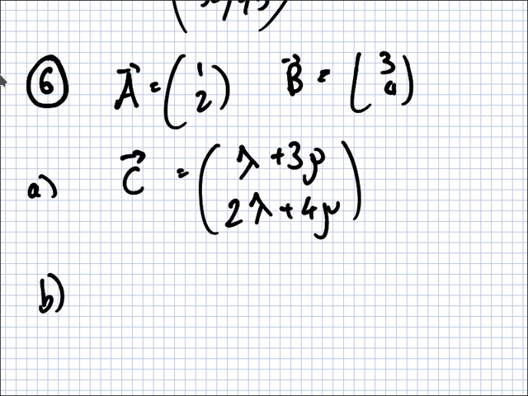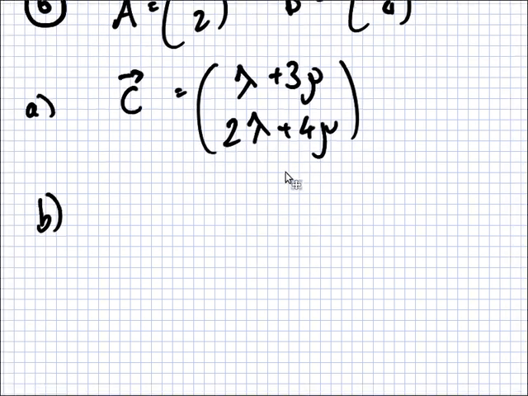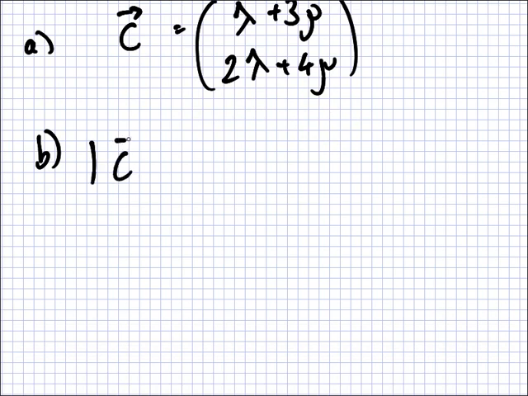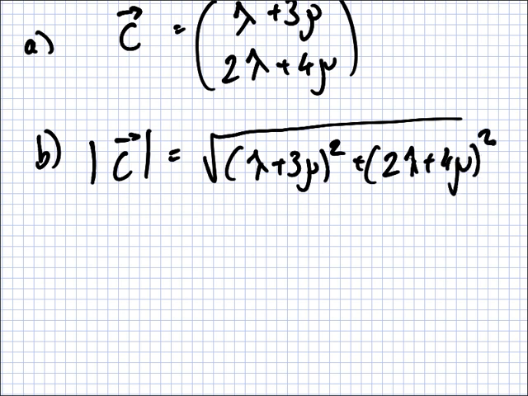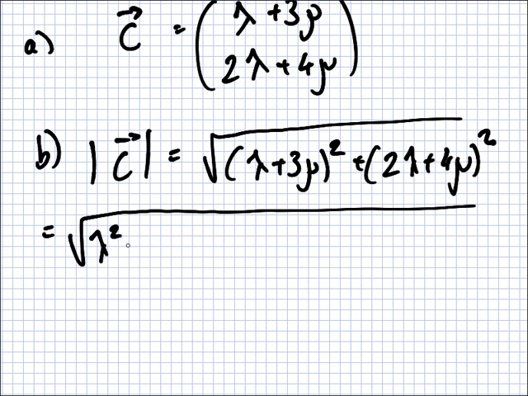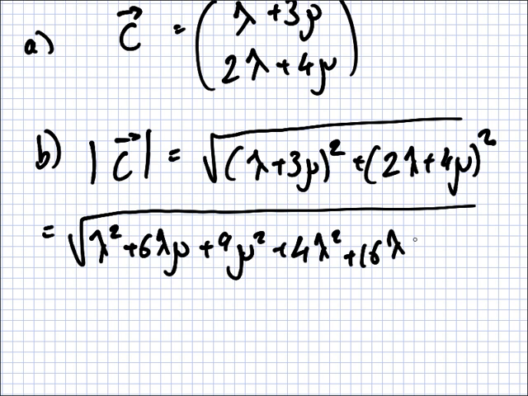Let's have a look. So, the next part here is what's the magnitude of C. So that would be square root lambda plus 3 mu squared plus 2 lambda plus 4 mu squared. Right? So that's square root lambda squared plus 6 lambda mu plus 9 mu squared plus 4 lambda squared plus 16 lambda mu plus 16 mu squared.